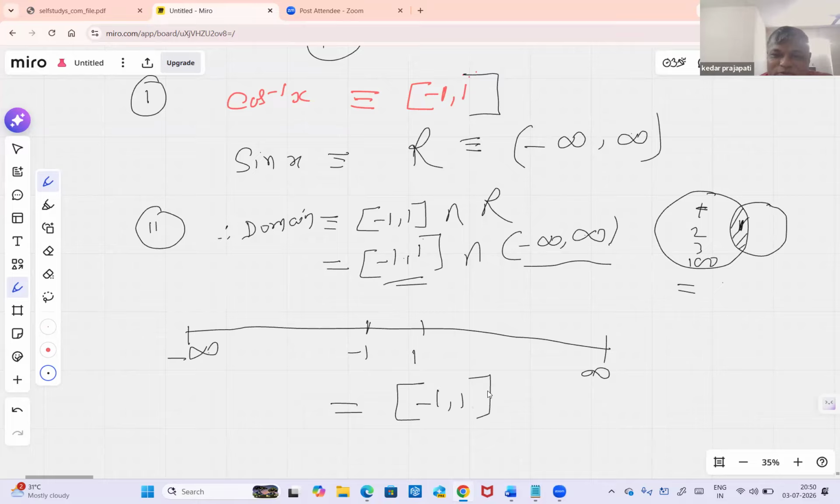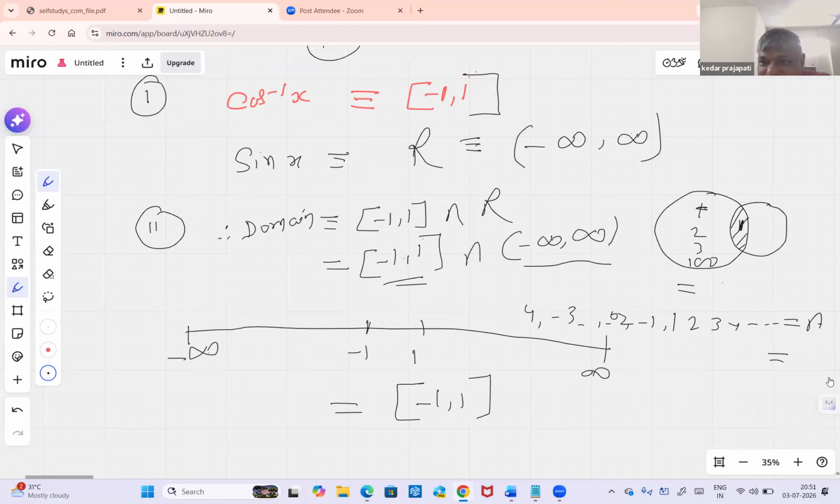So what I'm saying is you have 1, 2, 3, 4 up to, right? Array. This side you have -1, 0, -1, -2, -3, -4. This is in set A, which means it is minus infinity to infinity, and I will write it like this.